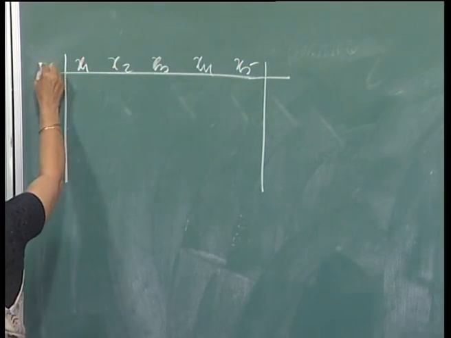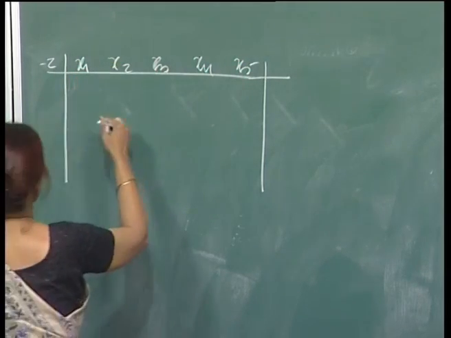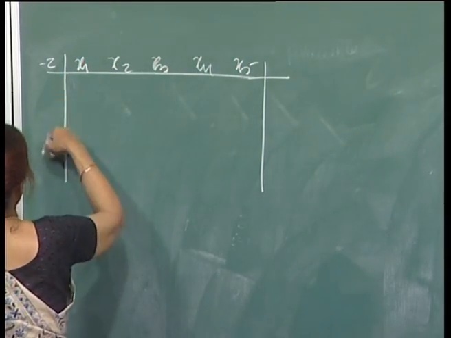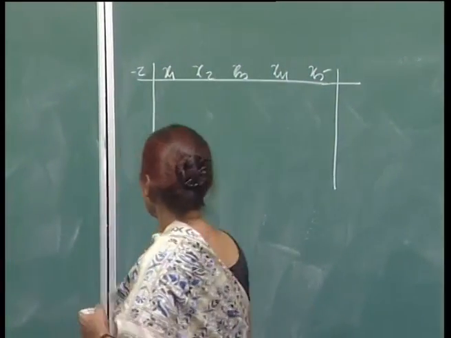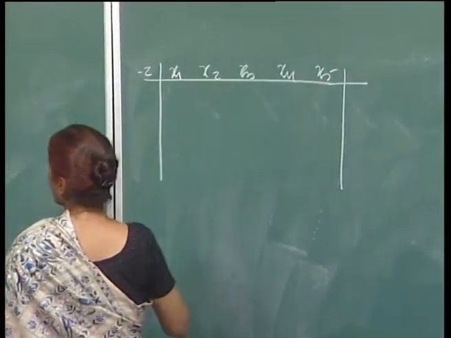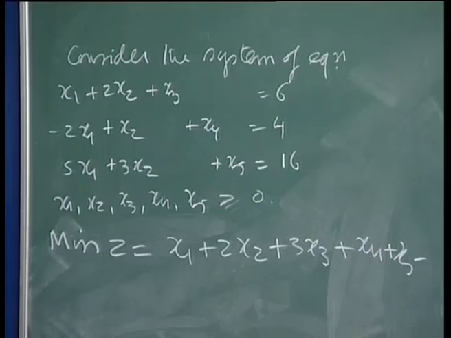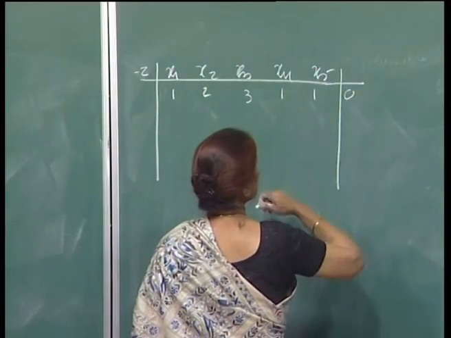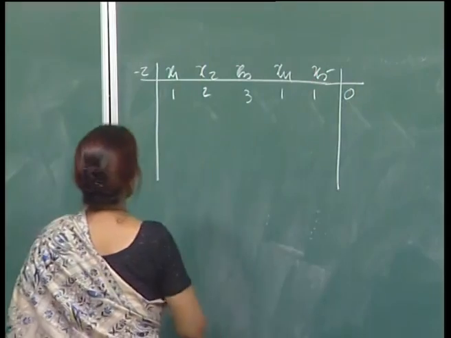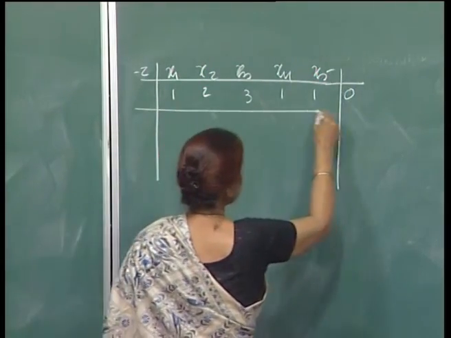If you like, you can say minus z here, but this column we will not carry, because this will always remain as part of the basis. So, I will not write anything here. Then this would be your 1, 2, 3, 1, 1, and remember, right now this value is 0.